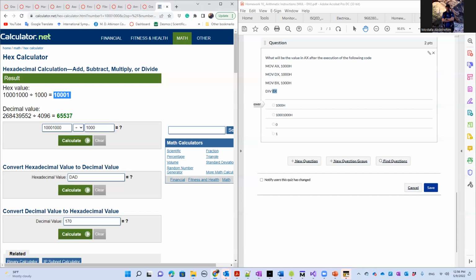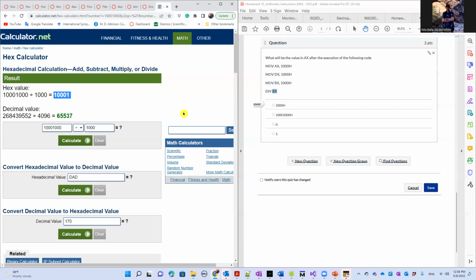If you have more than this, there will be an exception error. In division, you have two exception errors: when you divide by 0, or when the quotient is larger than the container that should hold the quotient. The container in that case is AX, but the quotient is basically 20 bits, while AX is 16 bits.